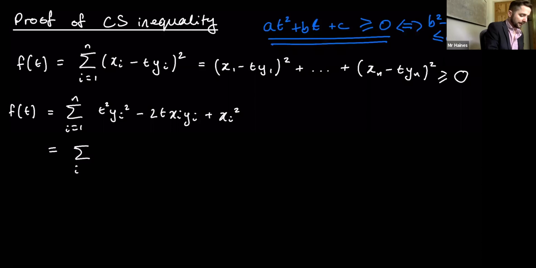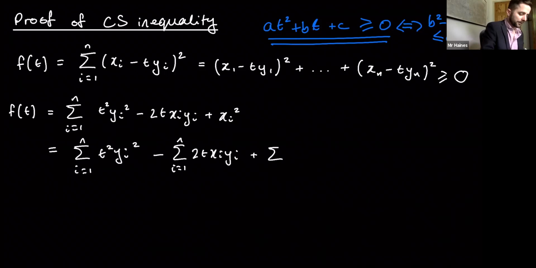So we could add together everything with a t squared. And we could add together everything with just a t in it. Can't forget the 2. And then we could add together all of the x numbers that we would get, x1 squared, x2 squared, x3 squared, and so on.